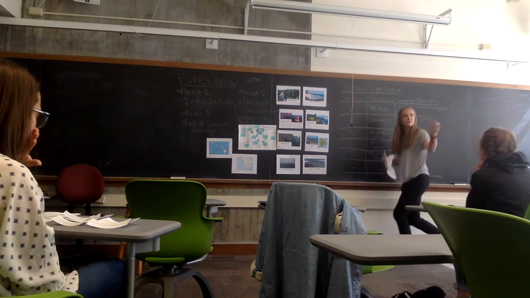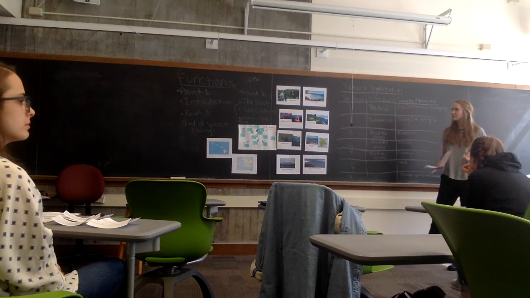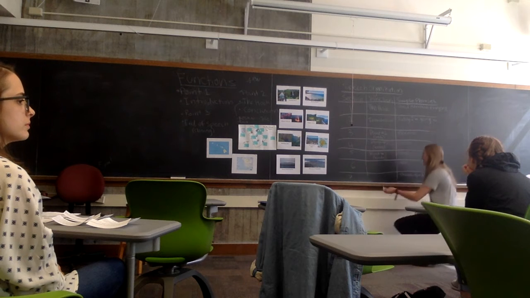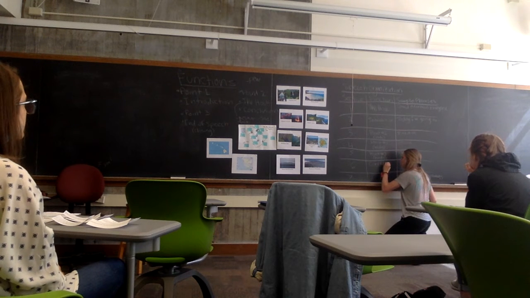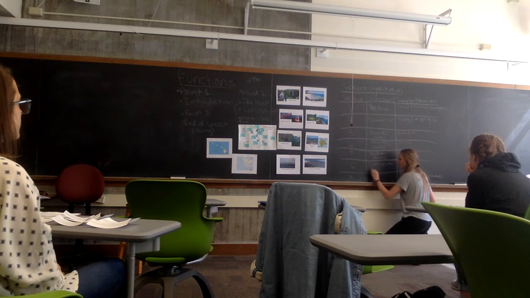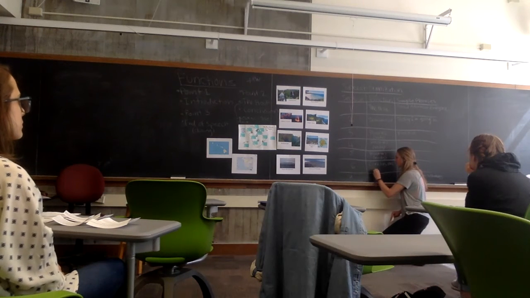All right, and Wendy, what was the name of the function for card number 6? This one is the conclusion. Yes, that's right, the conclusion. And the conclusion can usually be a summary of what you've said before. So I'll just put summary here.